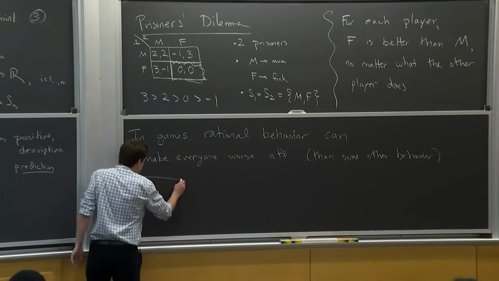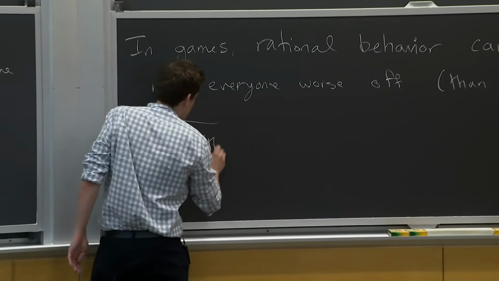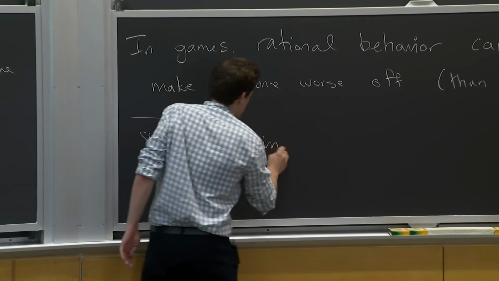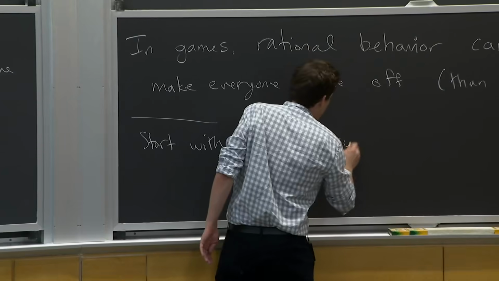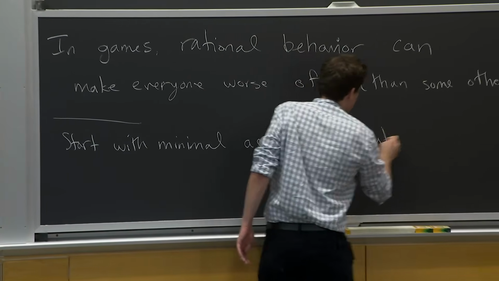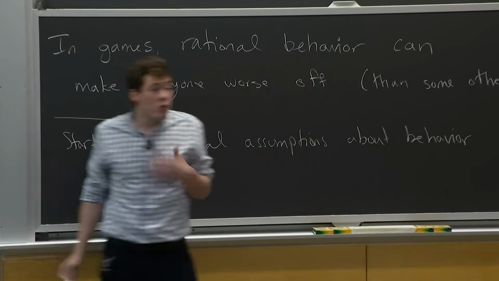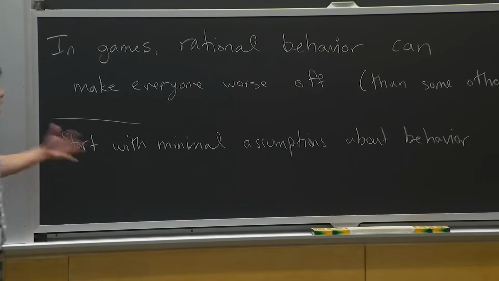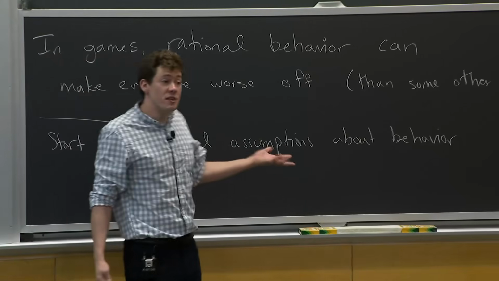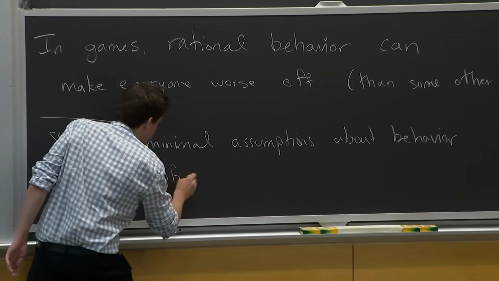So moving forward, we're going to start with minimal assumptions about behavior. And because these are minimal or weak assumptions, we're going to be quite confident in the implications of these assumptions. So this might make us confident about predictions.